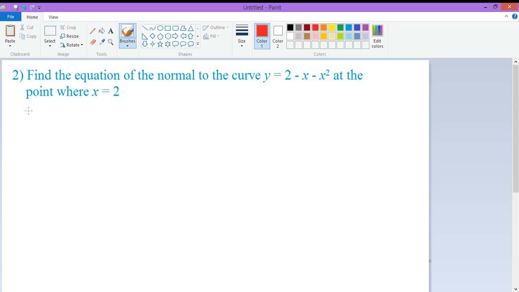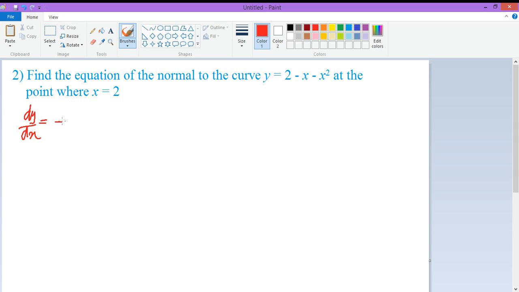We need to obtain the gradient of the curve at the point where x is 2, and we can do that by finding the gradient function dy over dx. As usual, we'll multiply the powers by the coefficients, and then we'll reduce the powers by 1. Differentiating a constant, the 2 will drop.